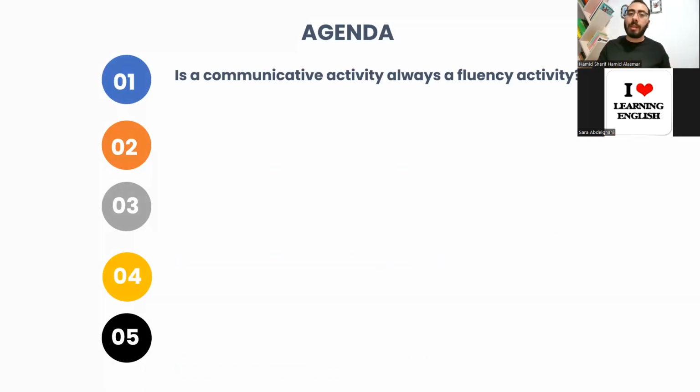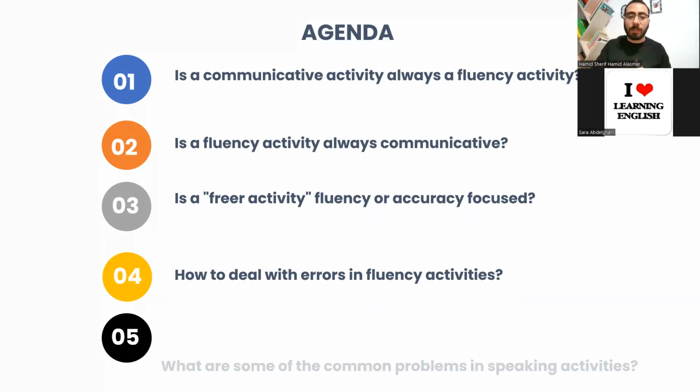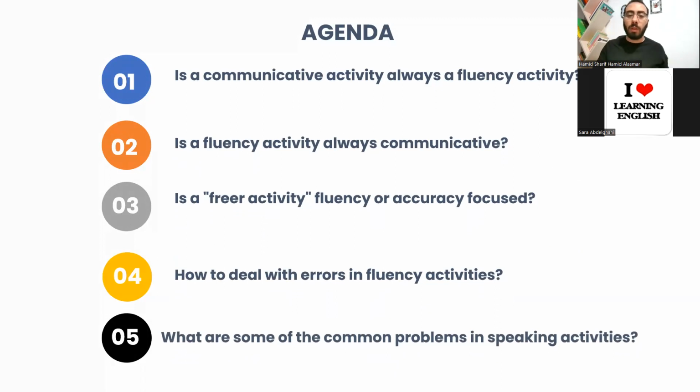The first one is, is a communicative activity always a fluency activity? The second one is, is a fluency activity always communicative? The third question is, is a freer activity fluency or accuracy focused? And we'll be looking at some errors with fluency activities and how to deal with them. We'll also look at some of the common problems that you might face in the classroom in relation to speaking activities.